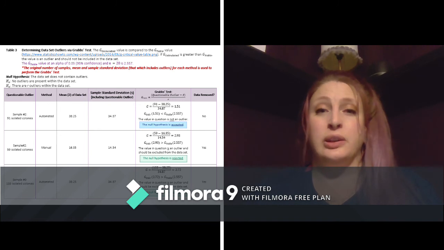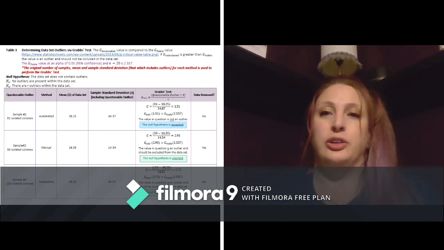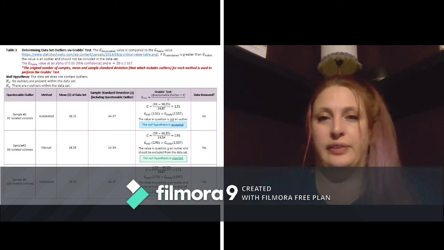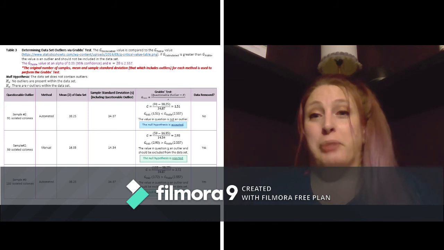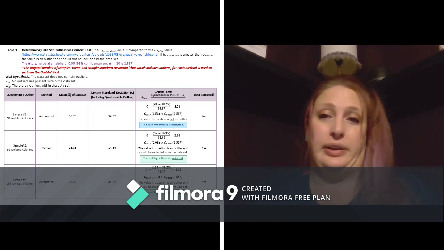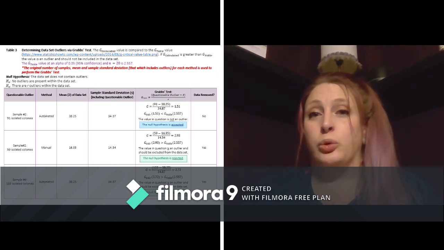Once you perform a standard deviation and have normal distribution, you need to determine if your data set has any outliers, and that's done with the Grubbs' test. My null hypothesis was that my data set does not contain outliers, but as you can see, I actually did have 2 of them. My sample 2, automated and manual, were suspect, so I performed the Grubbs' test.